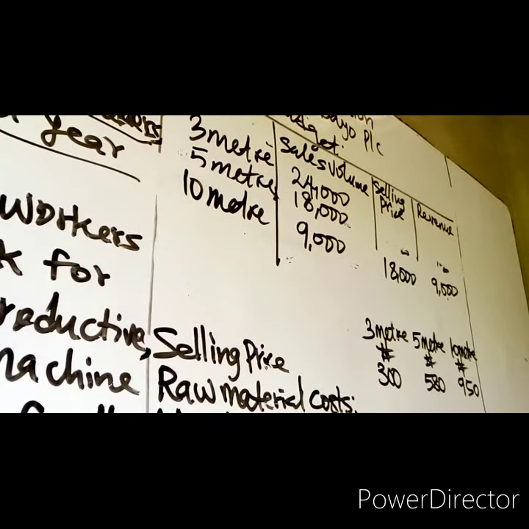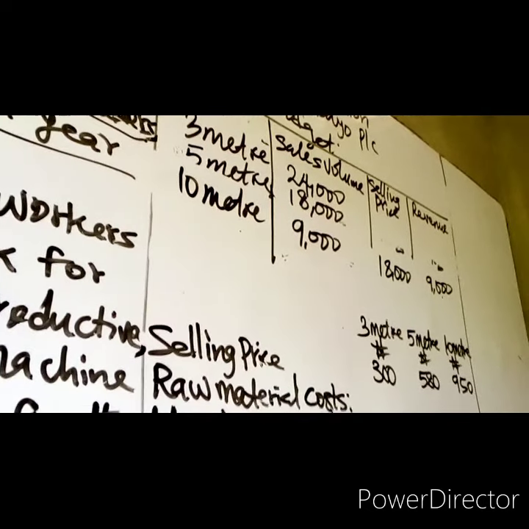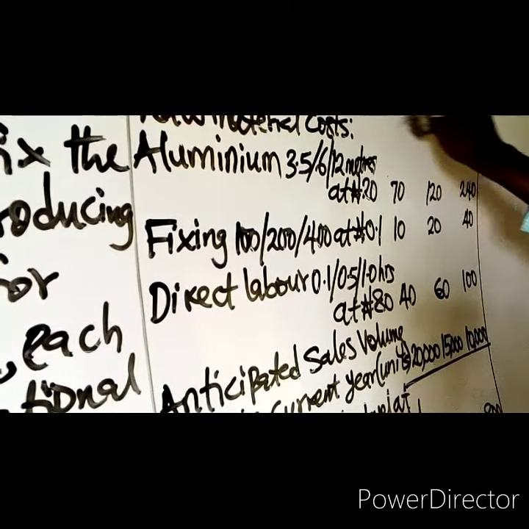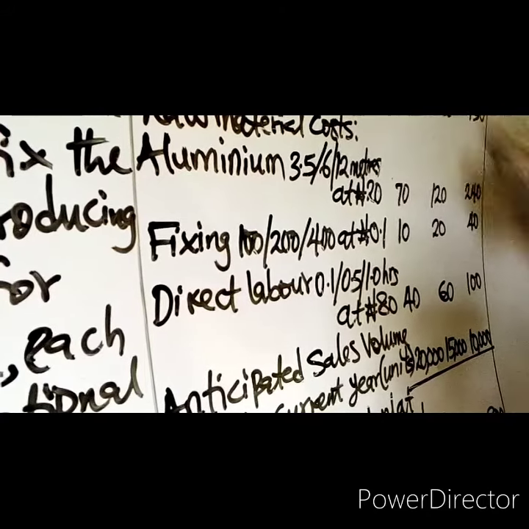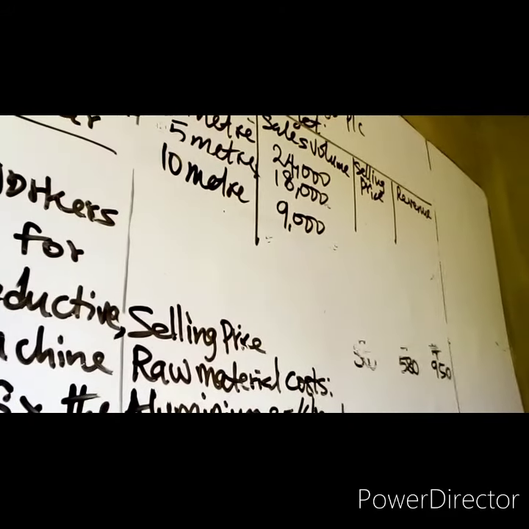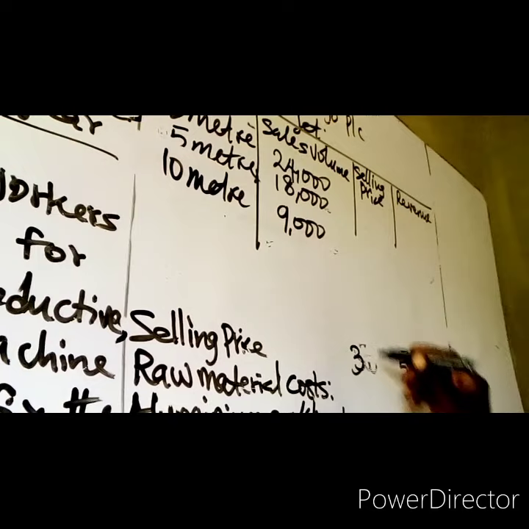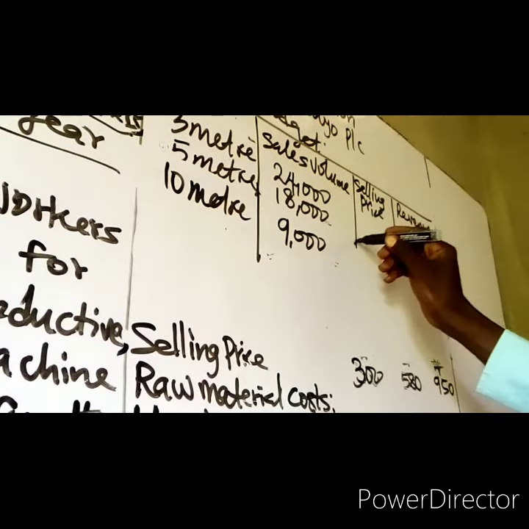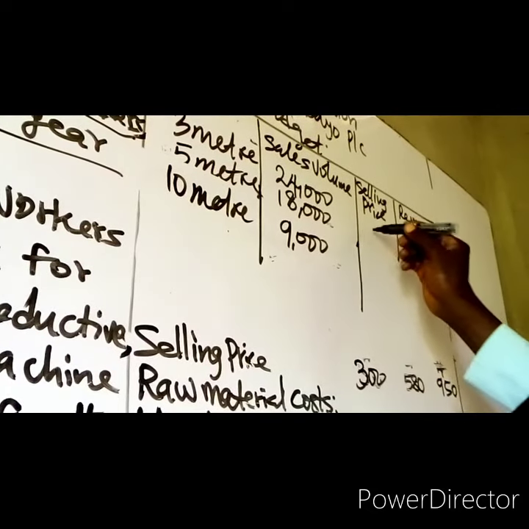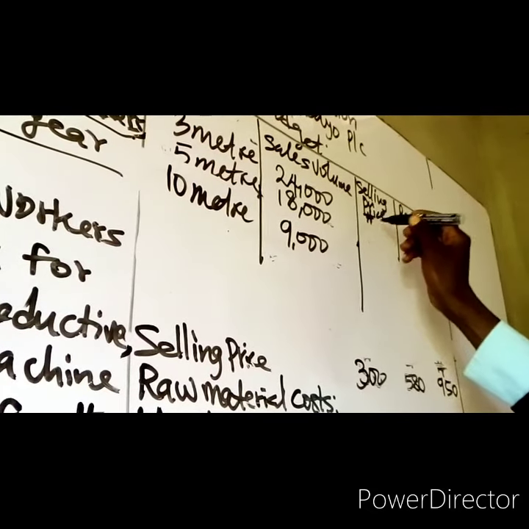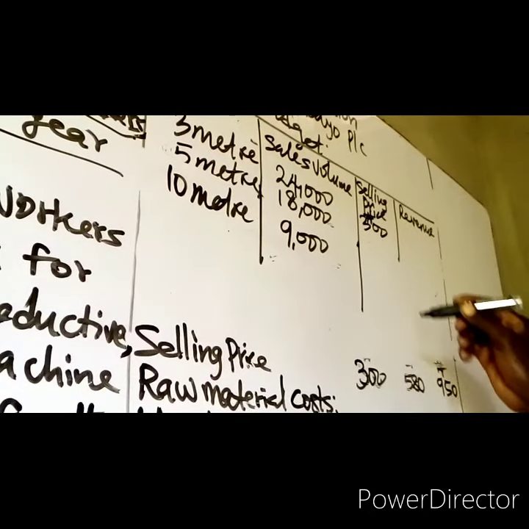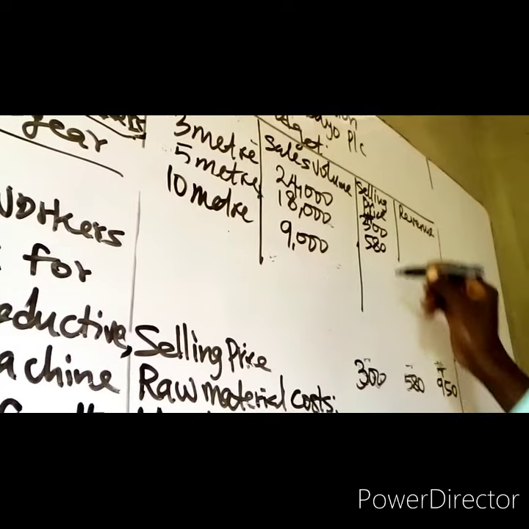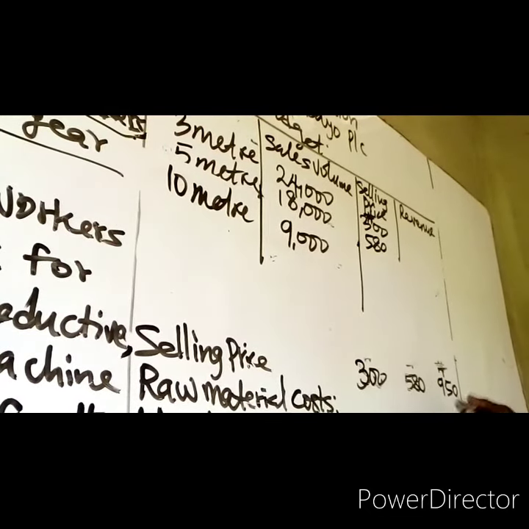Then you multiply the sales volume by the anticipated selling price. The selling price for 3 meter is 300 naira, for 5 meter it is 580, and for 10 meter it is 950.